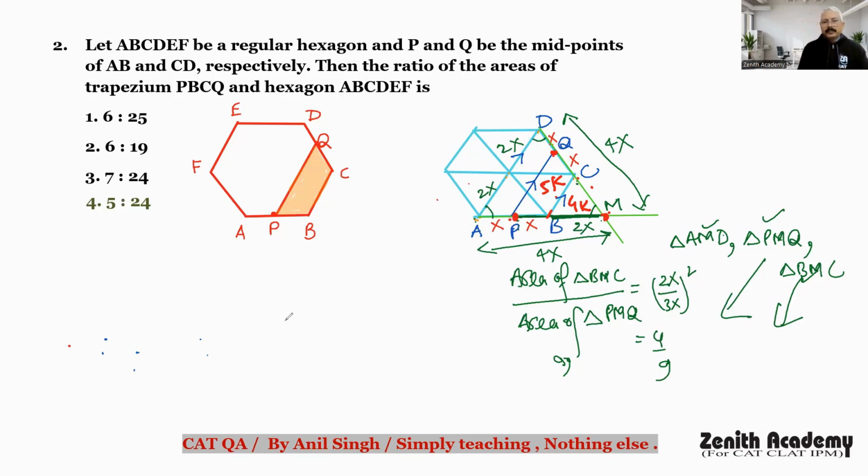So it means area of trapezium is 5K and area of polygon is 6 into 4K. So this and this cancel, it is 5 by 24. This is our answer.